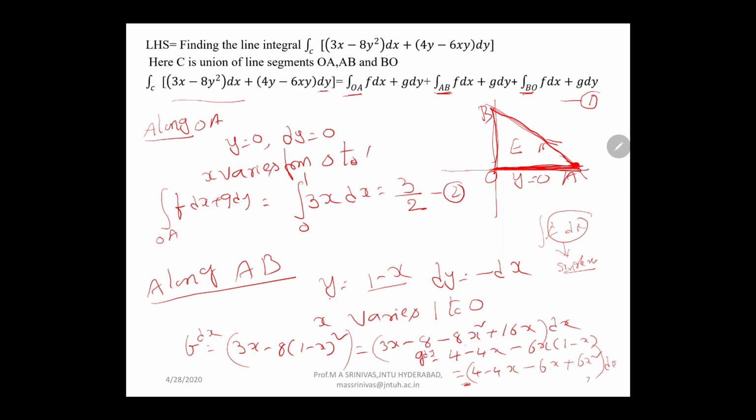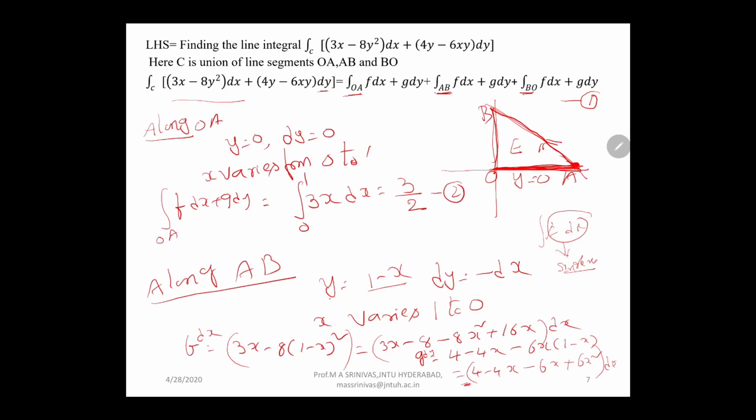So here you have minus 8x square and minus 6x square. That will be minus 14x square. After that, the x term. The x term here I have 3x plus 16, plus 3, 19. 19 plus 4, that is 23. 23 plus 6, 29. So total 29x is there.